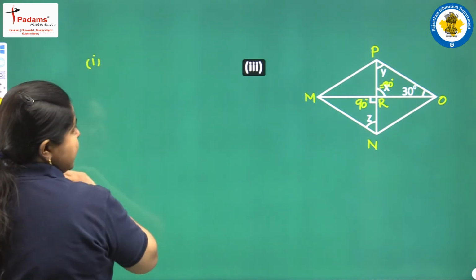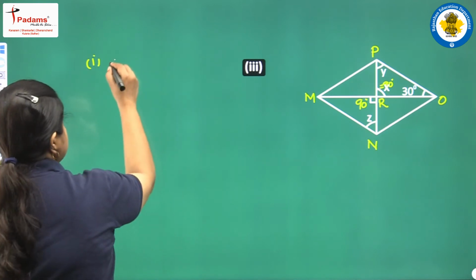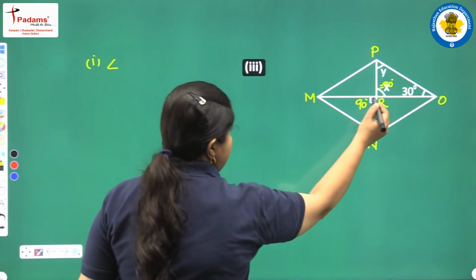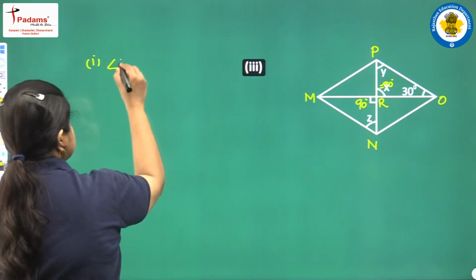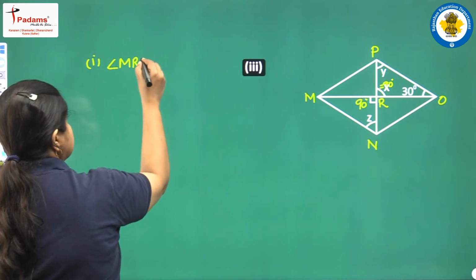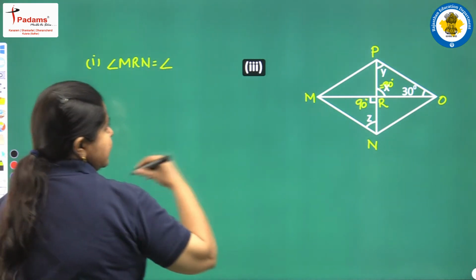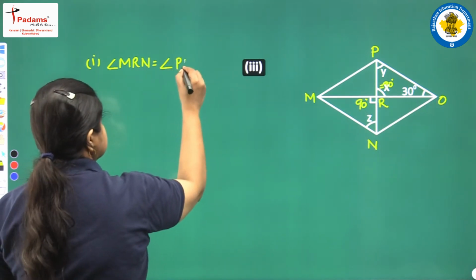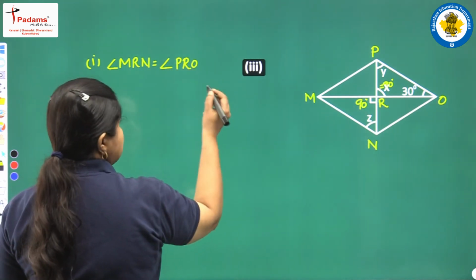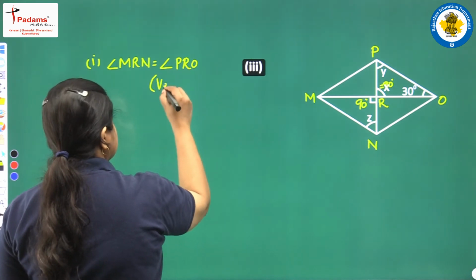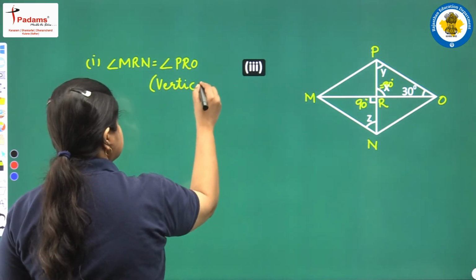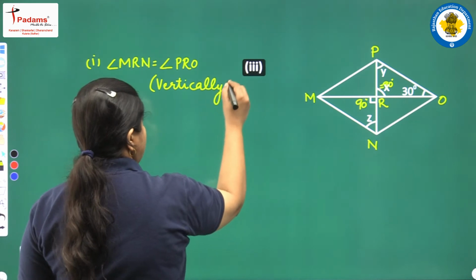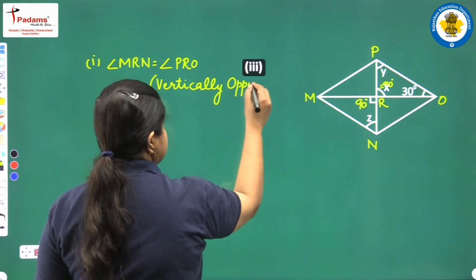First one, we can easily give the name angle MRN is equal to angle PRO. By which property? Vertically opposite angles.